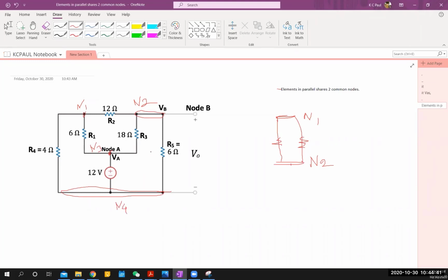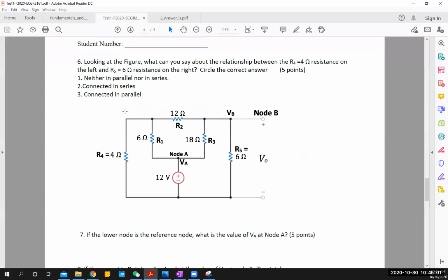Now, very straightforward, these two elements, R4 and R6, are not connected in between two nodes. Although they are sharing node 4, they are not sharing node 2. So they are not in series, not in parallel. So that should be your answer, right? Neither parallel nor in series.